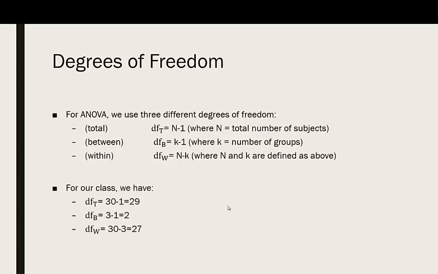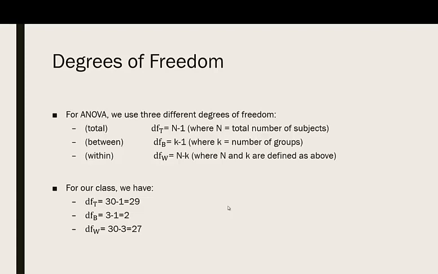So we can plug in our numbers for our class of 30 here. Our degrees of freedom total is 29: we had 30, so 30 minus 1. Our degrees of freedom between is 2: we have 3 groups, 3 minus 1 is 2. And our degrees of freedom within is n minus k, so 30 subjects minus 3 groups is 27 degrees of freedom within.